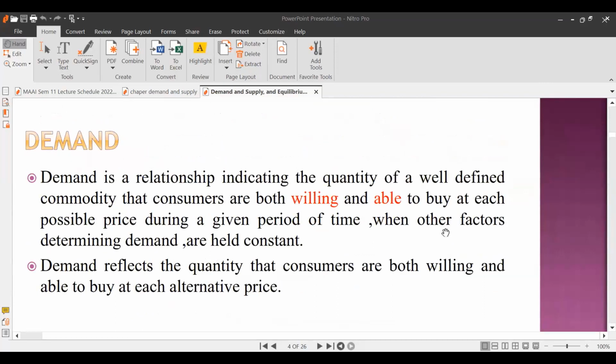Willingness and ability to purchase at possible prices during a given period of time, other factors held constant. Demand is a relationship indicating the quantity of a well-defined commodity that consumers are both willing and able to buy under a given period of time, considering other things held constant.